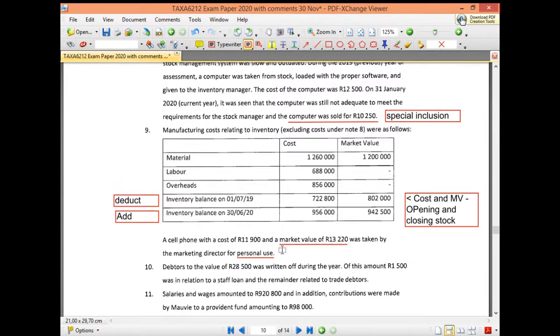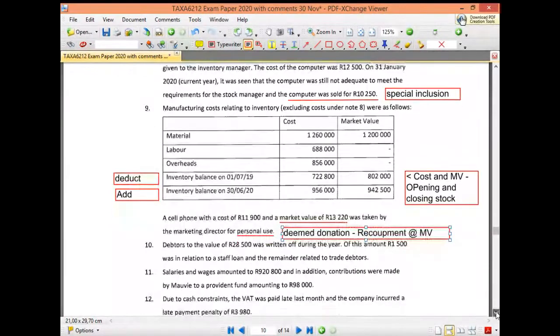Okay. So it's deemed a donation and we recoup it at market value. Okay, but only because of the fact that we sell cell phones. That is what our business is.